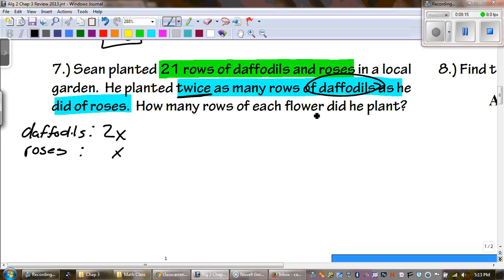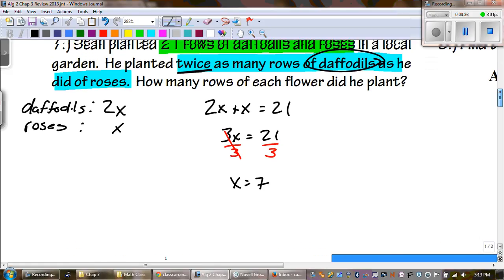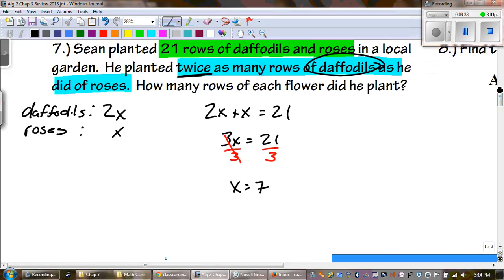Daffodils. So the daffodils are 2x, and then we're going to add those together, and that's going to equal 21. You can combine your like terms, and you get 3x. Divide by 3, and we get that x equals 7. And now, the key thing from that part is which is which. So we have 7 rows of roses, and then twice as many, so that's 14.